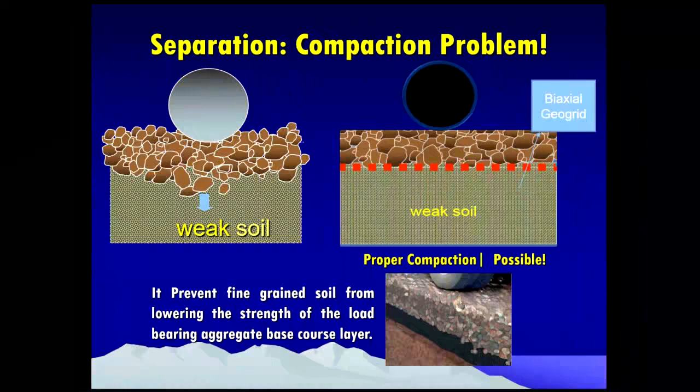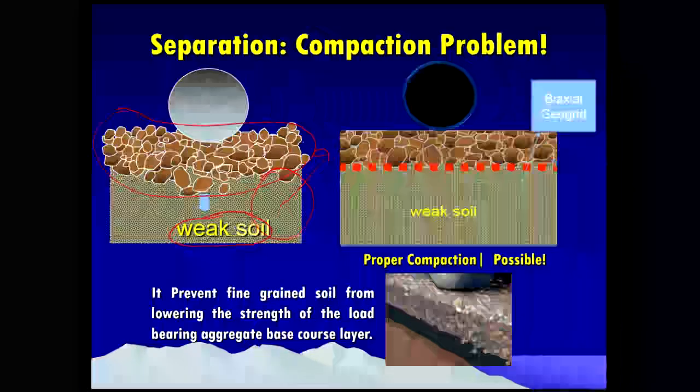Okay, so you can see clearly now that separation also addresses a compaction problem. When I have a weak soil and I'm trying to put an aggregate over it, as I said, two simultaneous mechanisms occur: the soil attempts to enter into the voids of the stone aggregate, and as a result it ruins the drainage capability.